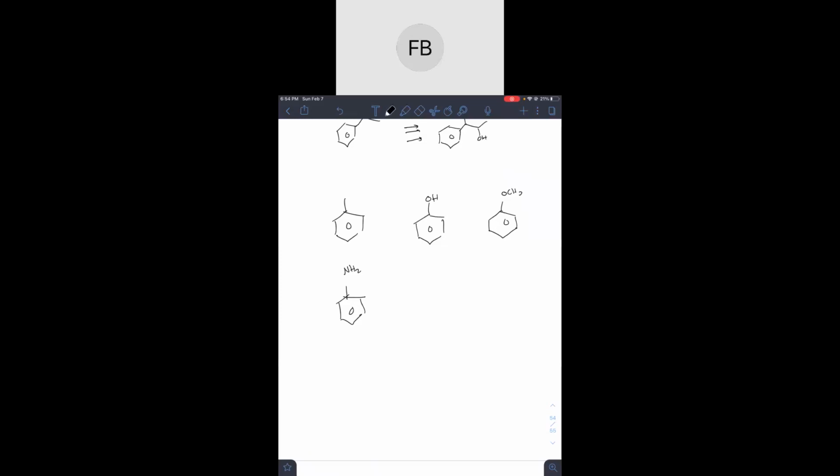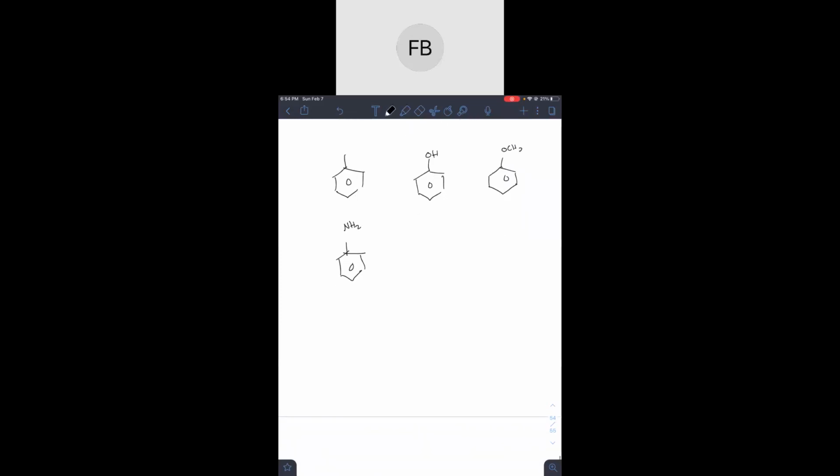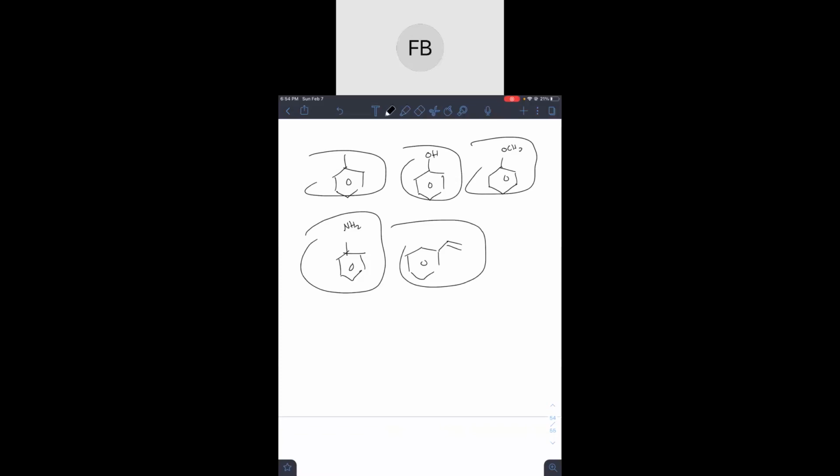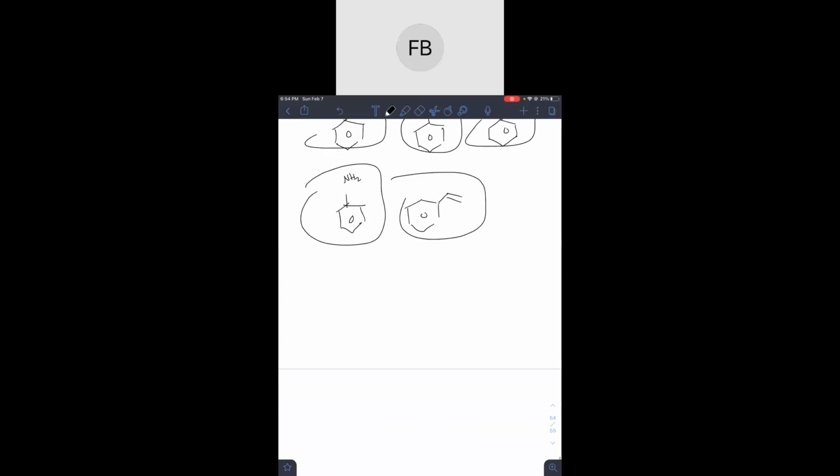Aniline. Yeah. What's this one? This is the one I was thinking of. Styrene. Yeah. So toluene, phenol, anisole, aniline, styrene, and then we have some other ones which we're going to do real quick.